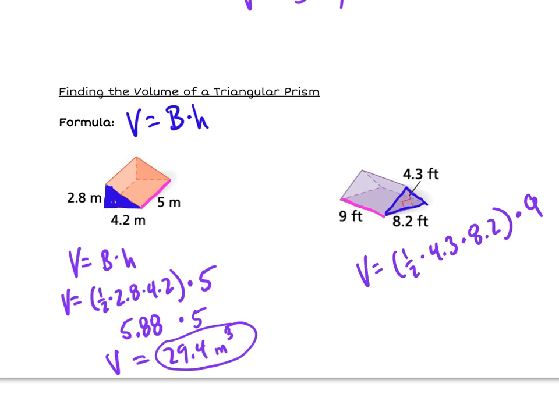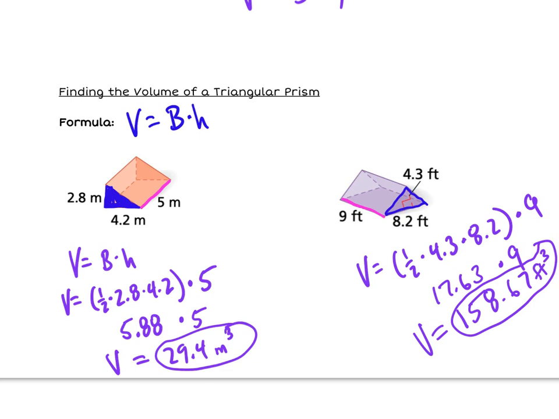Grab your calculator: 0.5 times 4.3 times 8.2 gives you 17.63, and then multiply that by 9. The volume equals 158.67, and it would be feet cubed for this one. So there's a little extra step of making sure you get that triangle as your base for the triangular prisms.